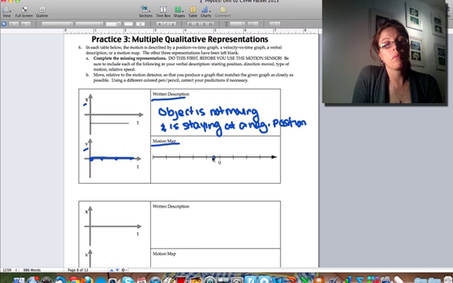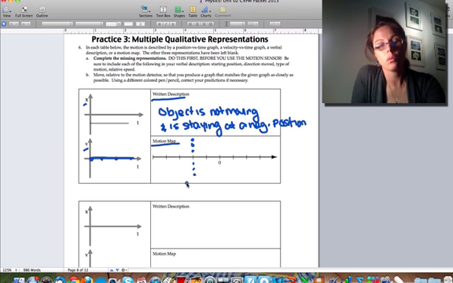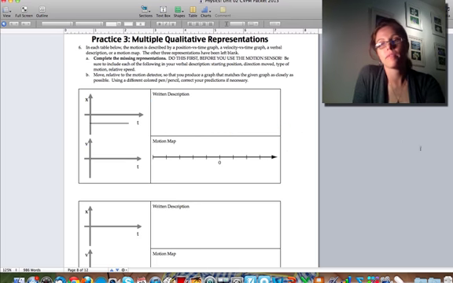So we have to go to any negative position here. We don't have numbers, so we just choose any negative position. And we don't have any arrows because the object isn't moving anywhere. We just have dots. Okay. Cool. Let's try the next one.